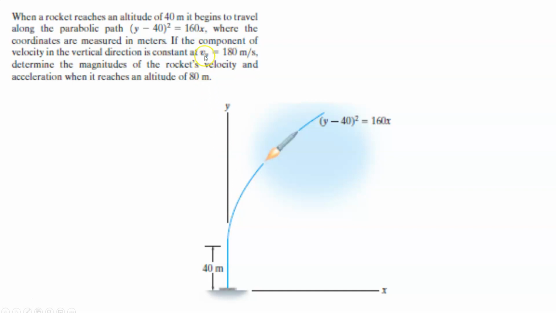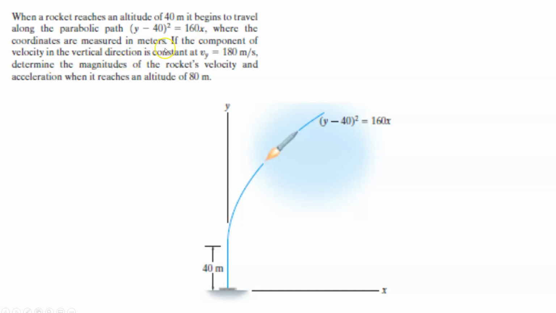That means there's an x component that's traveling at a velocity that we don't know yet. So there's an overall magnitude to that velocity. When you break the velocity up into x and y components, there's the velocity in the y, which is constant, the velocity in the x, which is unknown, and then there's an overall magnitude between the x and y that you can solve through the Pythagorean theorem.